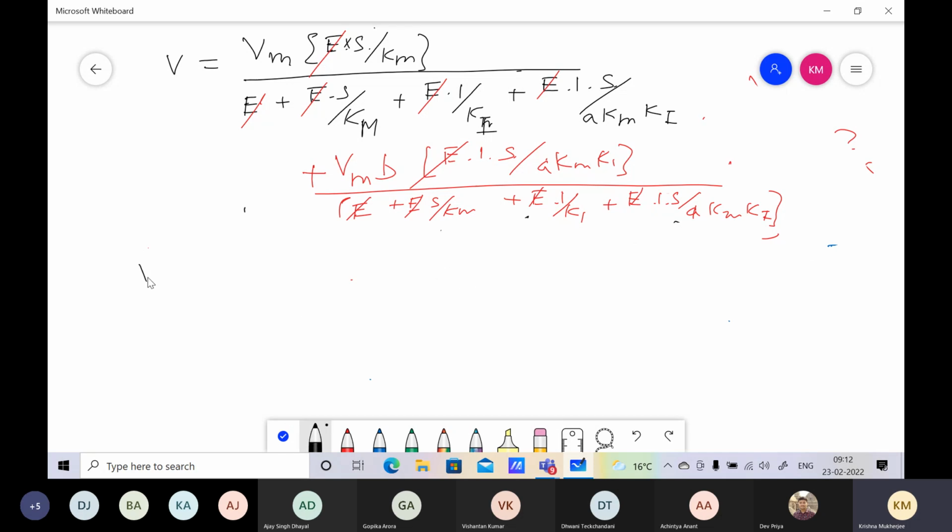So therefore, V was nothing but, as I said, Vmax, sorry, Km spelling. So I would write it as Vmax, right? S upon Km. I could write it upon Km, or I could multiply everything by Km here, and this would have been 1 earlier.